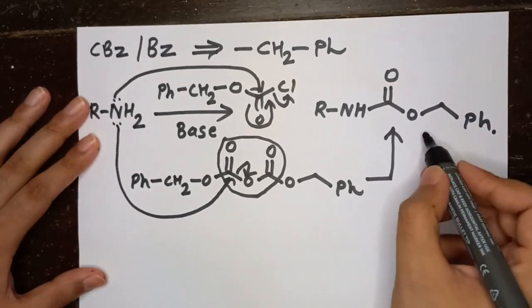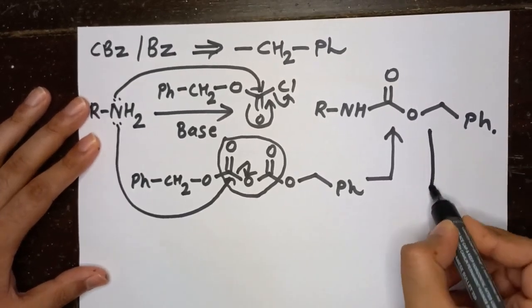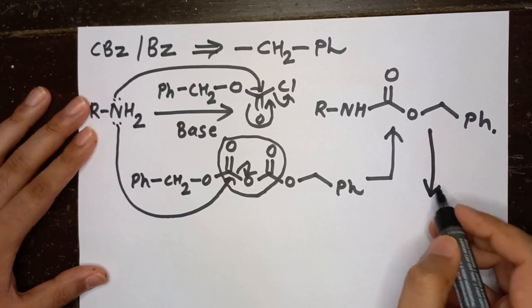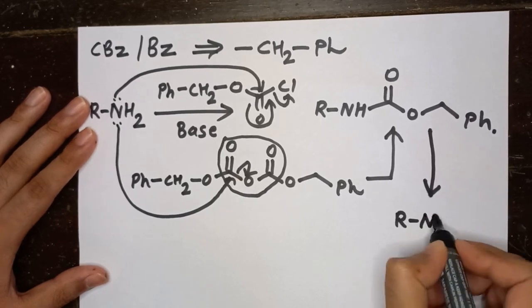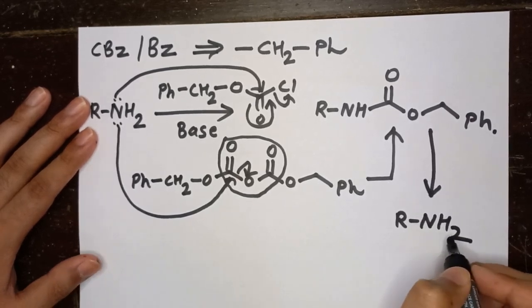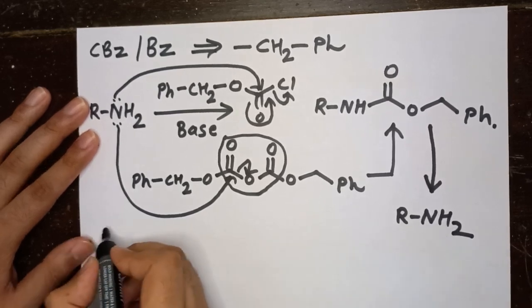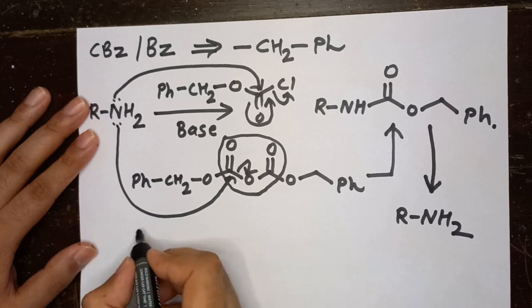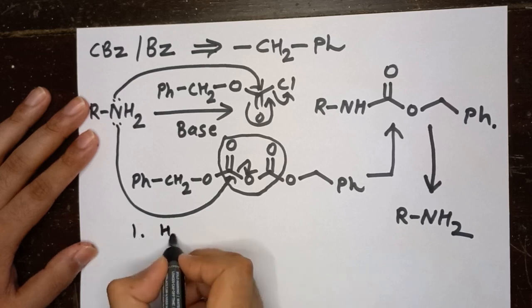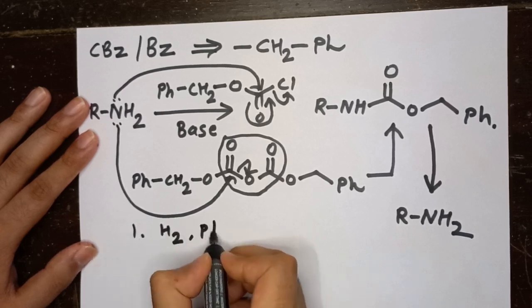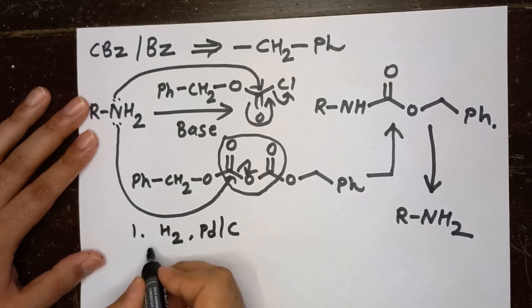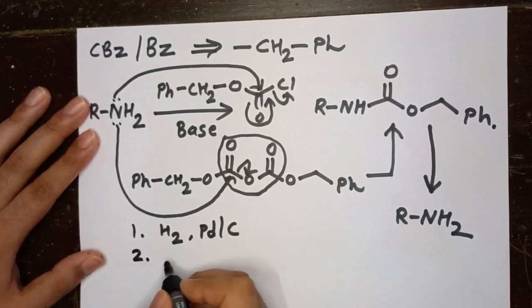To deprotect your Cbz and generate your RNH2 group back, you can do this in 3 different ways. You can use hydrogen, palladium supported on carbon.